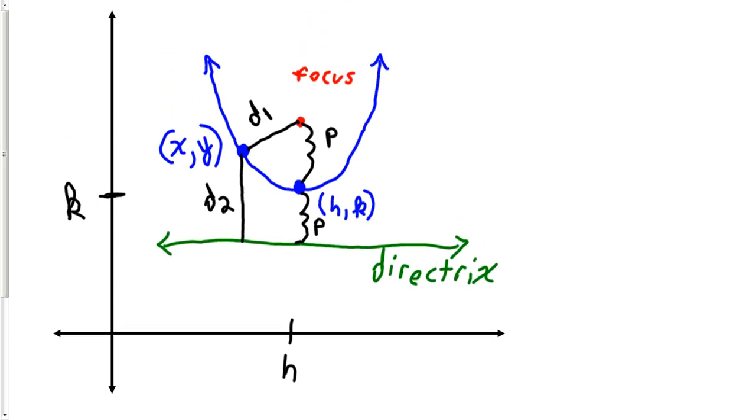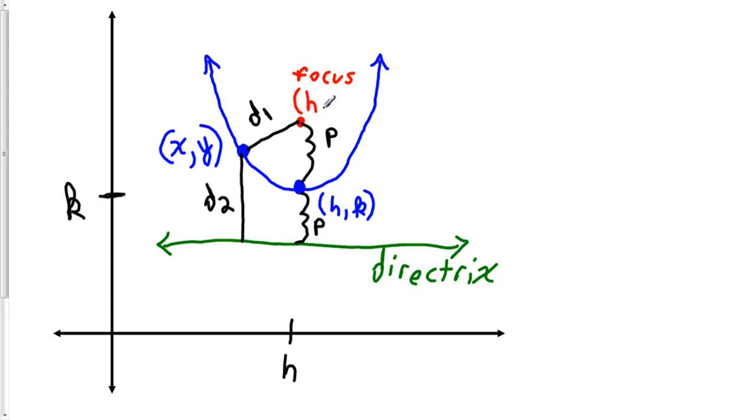Let's find some of these ordered pairs here. For instance, the ordered pair for the focus. Well, the ordered pair for the vertex is h, k, and the focus is directly above the vertex in a parabola that opens upward. So that distance P is what I have to add to the value of k from the vertex to get the ordered pair that gives me the focus. The x value for the focus is the same number h, because the focus is vertically directly above the vertex.